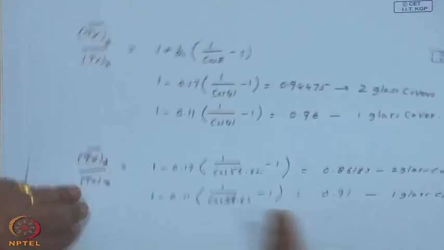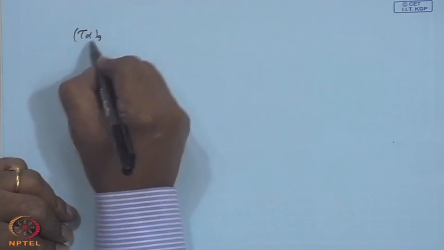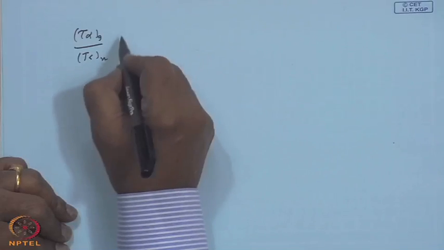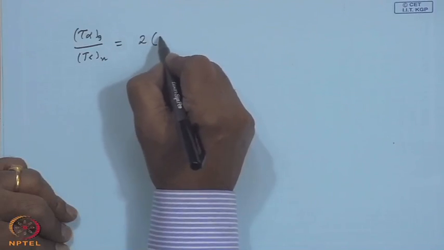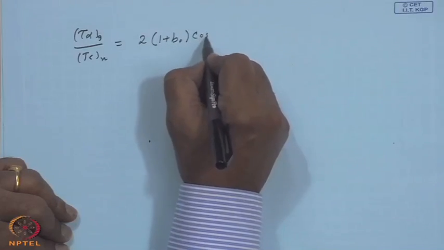So, for the ground reflected portion, tau alpha g by tau alpha n, I will use the relation proposed at IIT Kharagpur: 2 times 1 plus b 0 into cos theta.